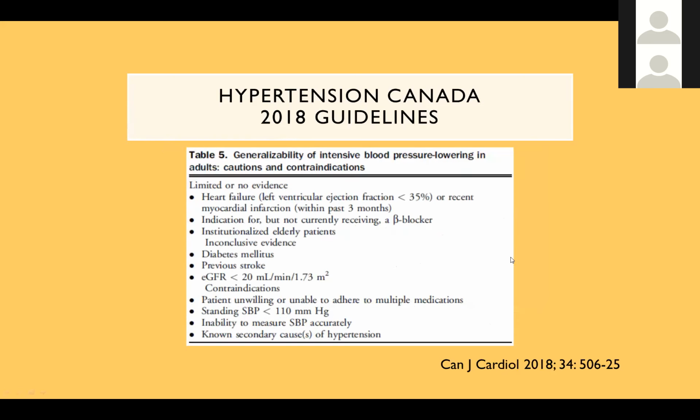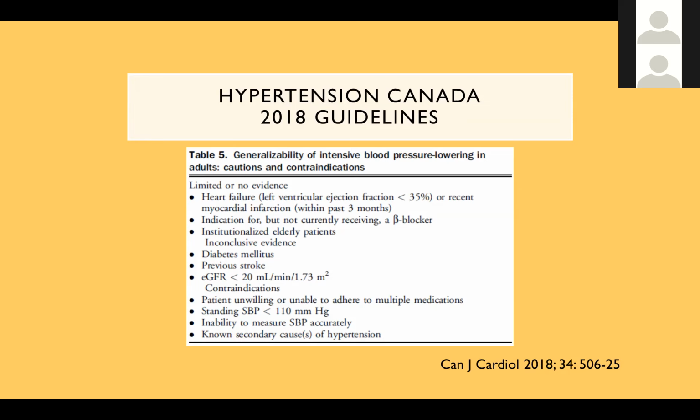Next is when you should be more selective, and when you should be cautious. Hypertension Canada outlines that there is limited or inconclusive evidence in various situations, including heart failure, recent myocardial infarction, individuals with diabetes or previous stroke, or eGFR approaching end stage, and if they are institutionalized, living in a long-term care facility.